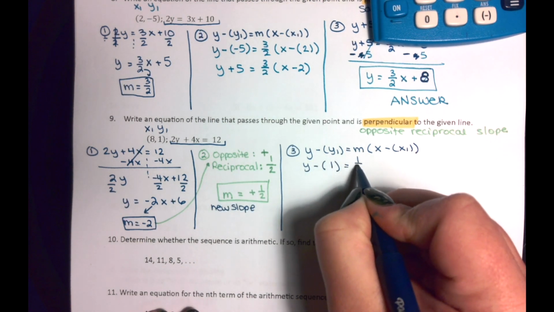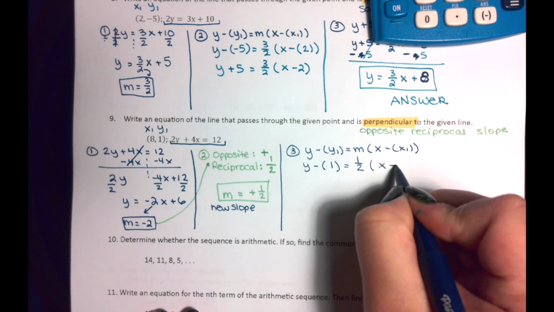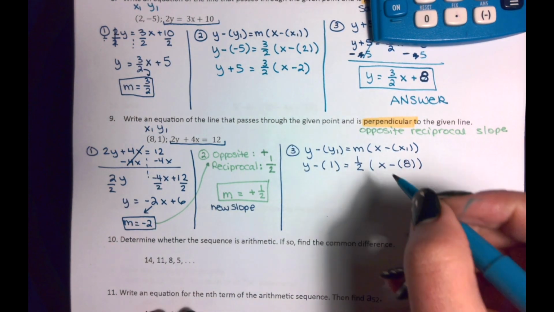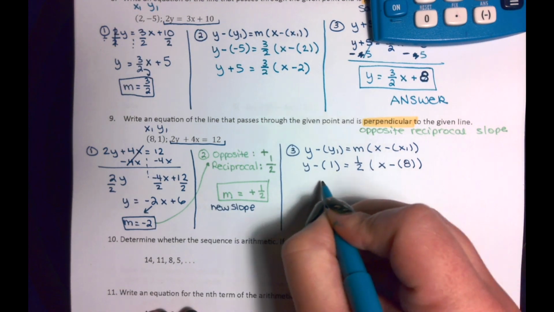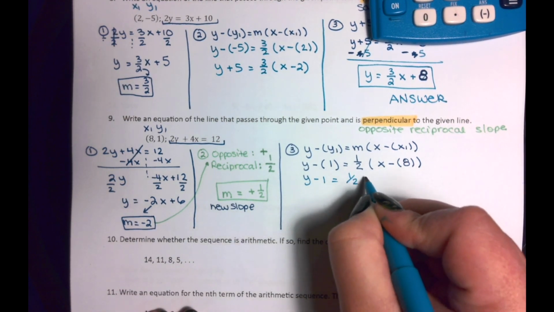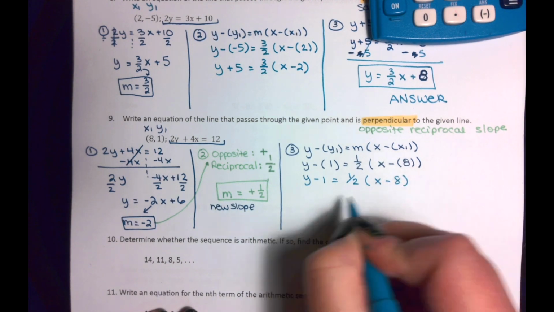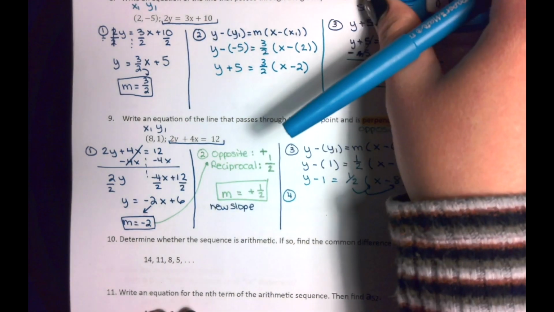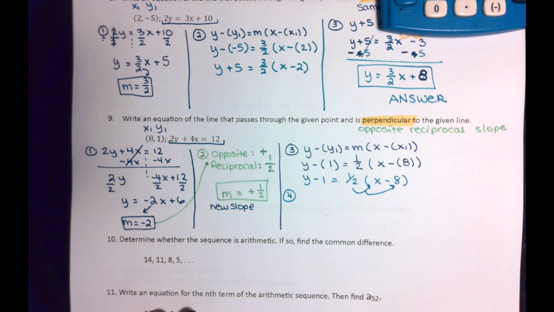Our new slope is 1/2. And we simplify, distribute, in step number 4. So again, just because you see a 1/2 fraction, it's okay.